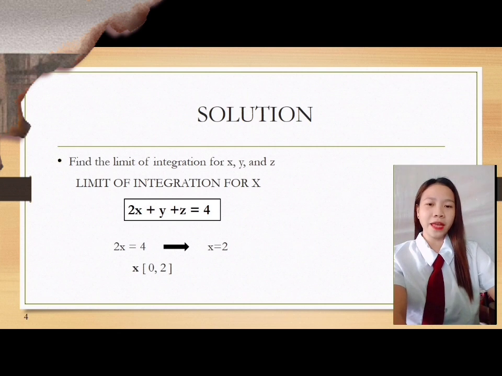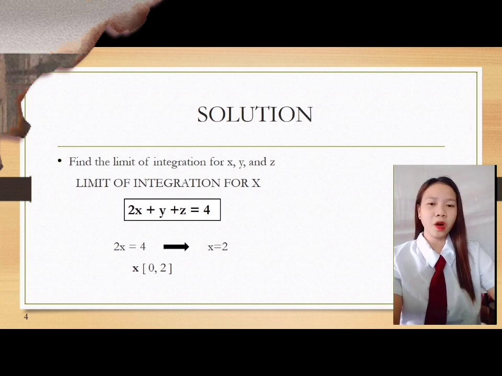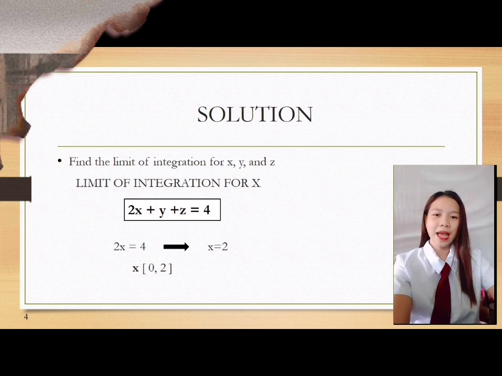In order to find the limits of integration of x, y, and z, we will use some concepts of algebra. The lowest value will be 0. For the limit of integration for x, we will use 0 as the value of y and z to come up with the value of x, which is from 0 to 2.